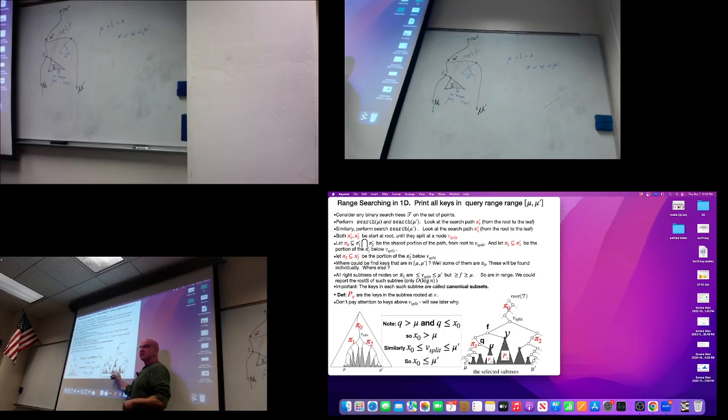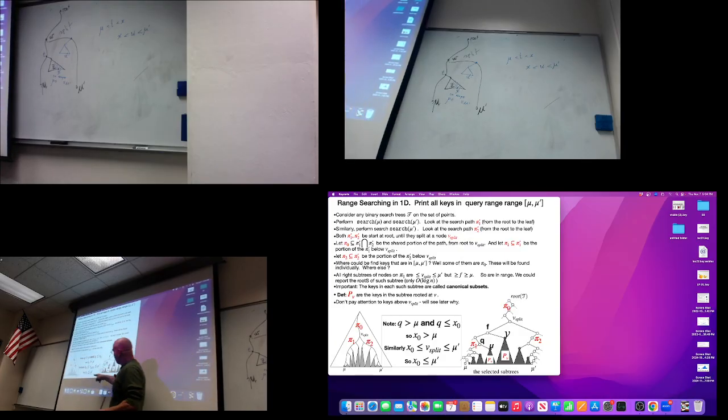Then how many bytes do I need to communicate? I need to communicate just 2 times log n canonical subsets, just the roots of all the subtrees that are in range.